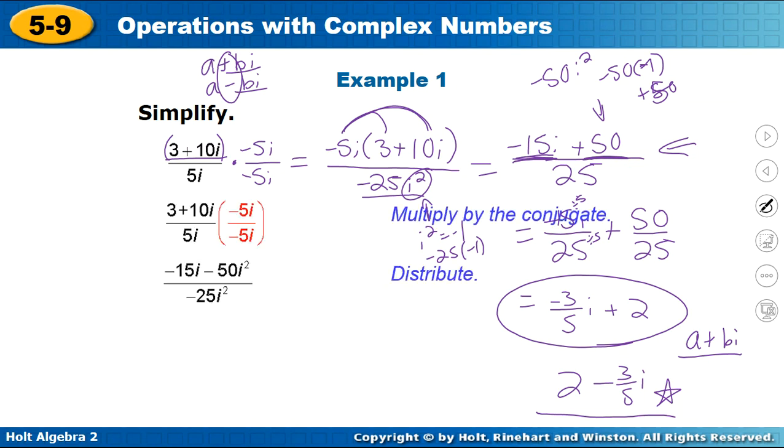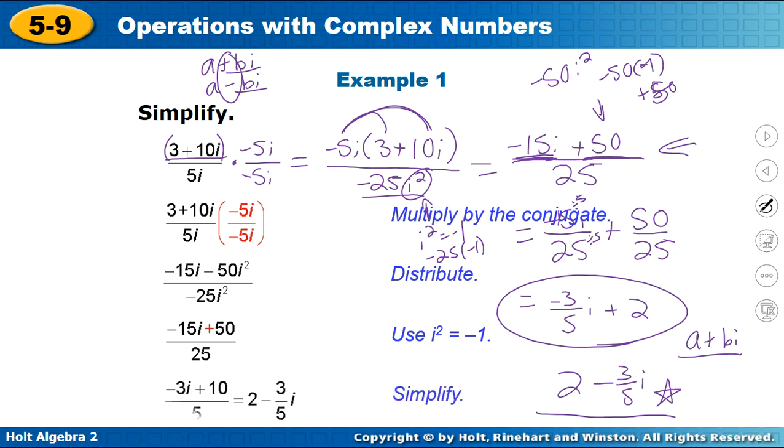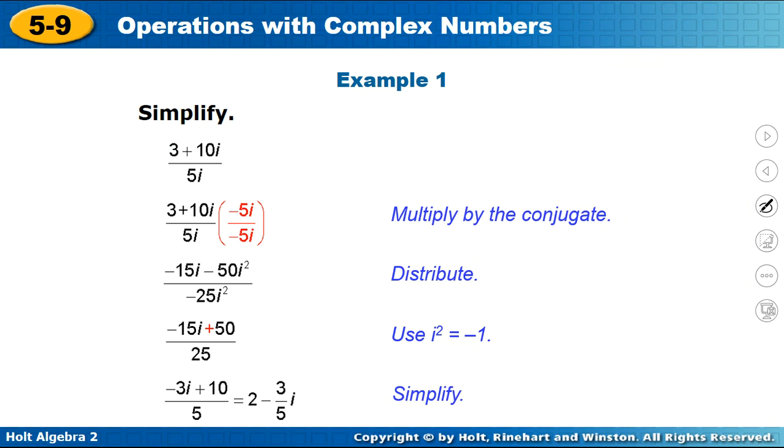All right, so let's try it now then. I'll let you look at these steps for a minute and let that sink in. So this is a good summary of what we just did. Multiply the numerator and denominator by the conjugate, which was negative 5i. They multiplied it out. You see what they got.